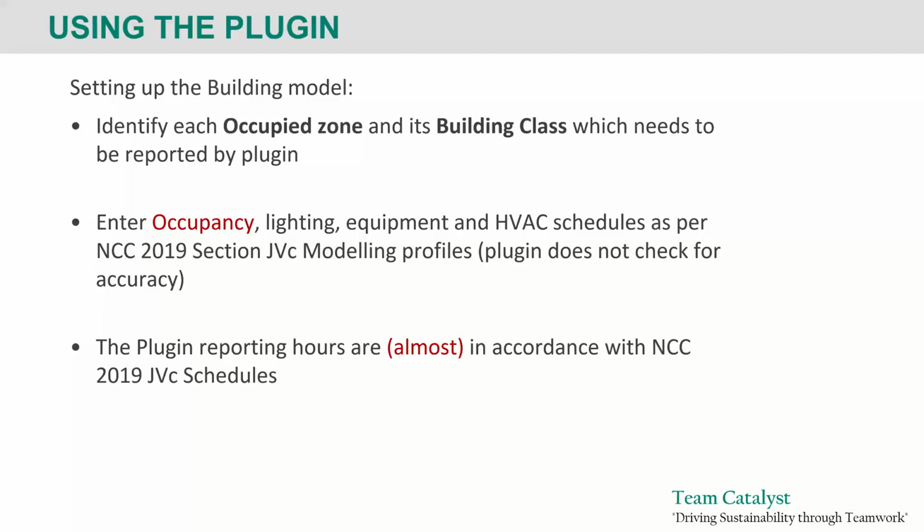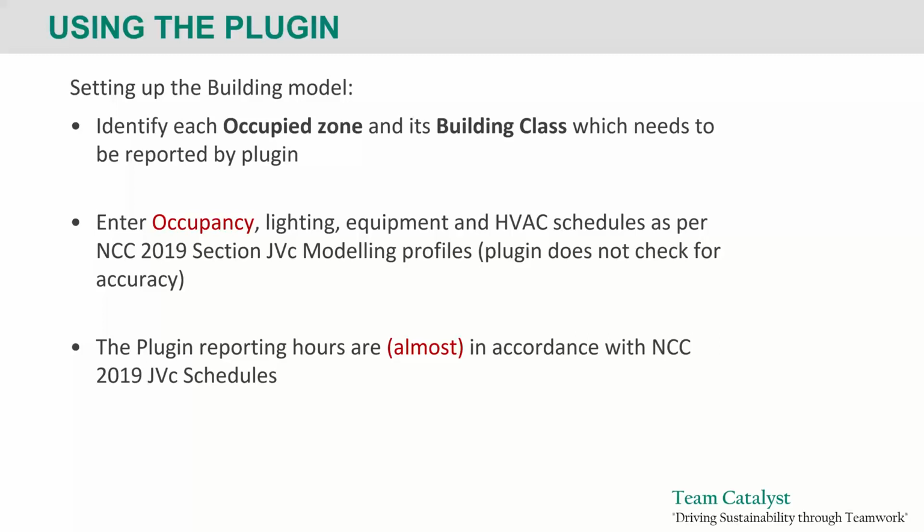So you have to identify each of the occupied zones that you're interested in looking at performance, and you need to define its building class as the NCC requires. And I'll show you where that is in the model in a second, right?